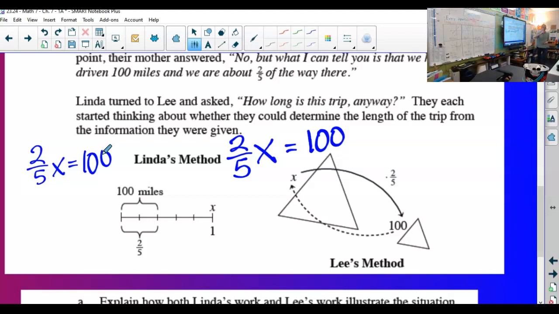Eli, if I have 2/5 of X, how could I get back to 1 whole X? Okay, you can pass. Ashley, if I have 2/5 X. Yeah!